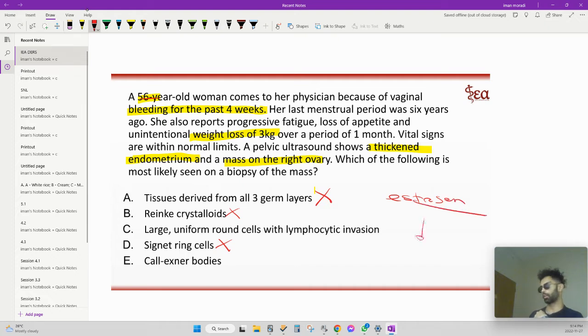Granulosa cell tumors produce estrogen, just like granulosa cells do, and they have Call-Exner bodies. First Aid or one of the resources has a mnemonic for it: call your granny, as in granulosa cells, and Exner. So call your granny and Exner, and that's how I remember it.